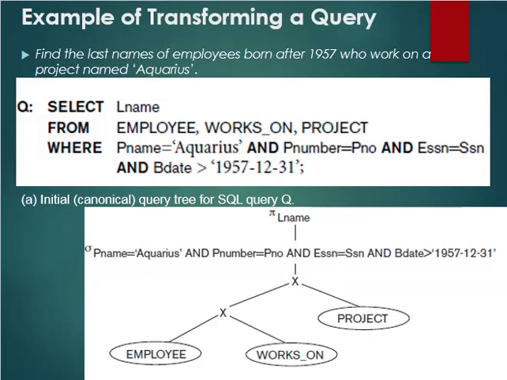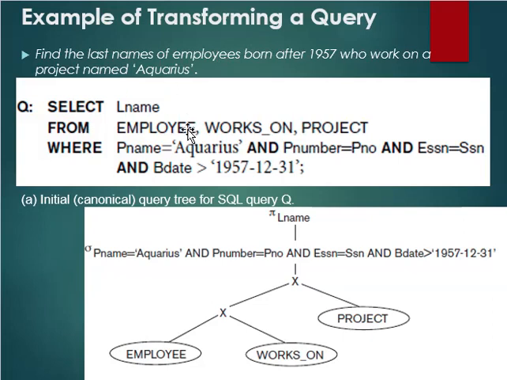So for getting marks: find the last name of the employee born after 1957 who works on a project named Accuracy. You will be given the database schema, and from it you can understand all the different tables and their attributes. So here you are writing the last name of the employee born after 1957.